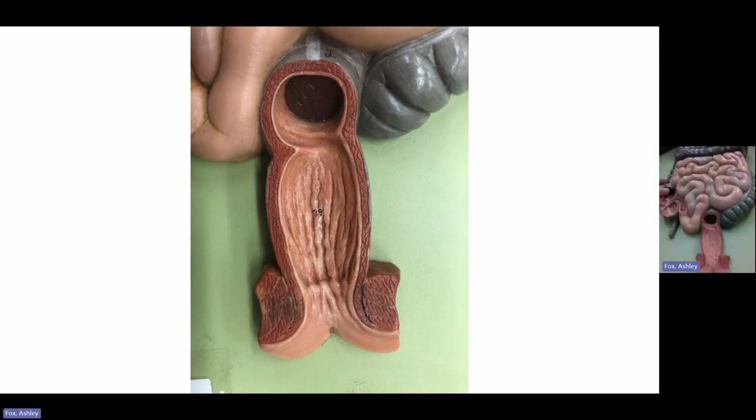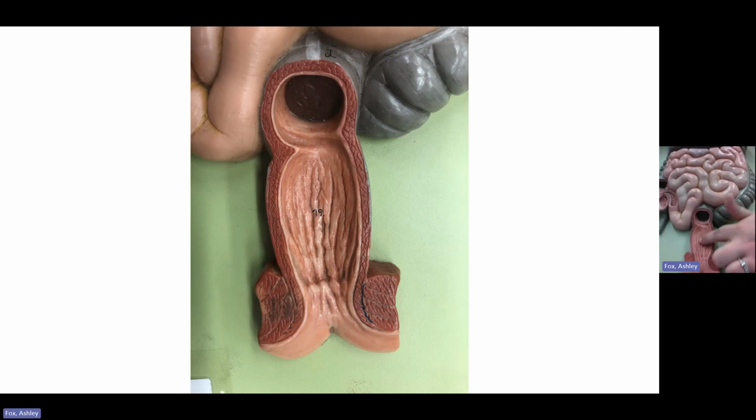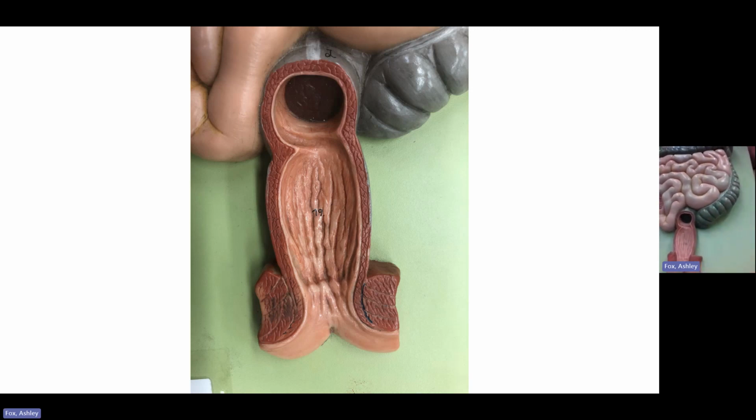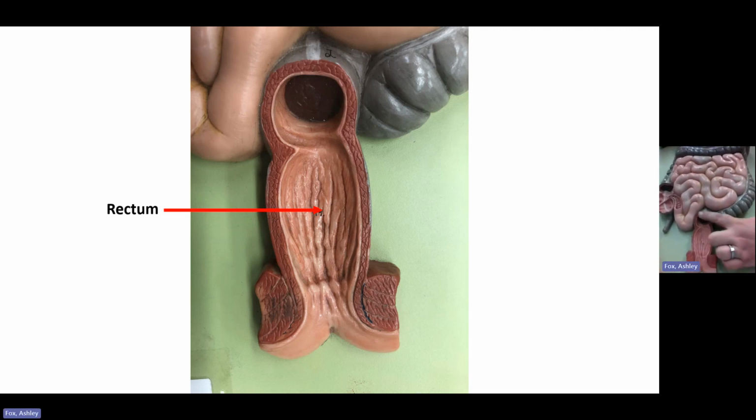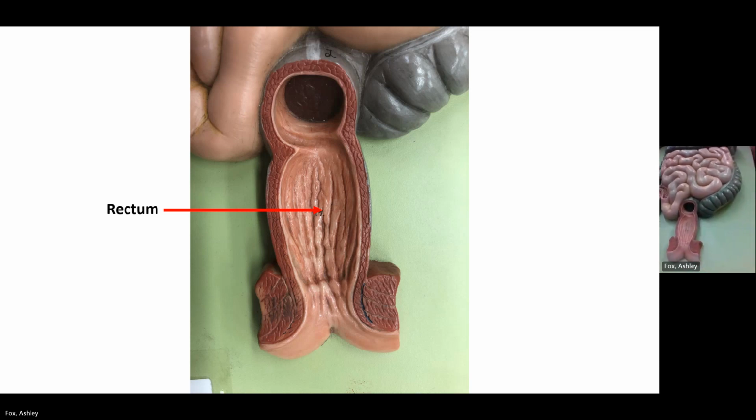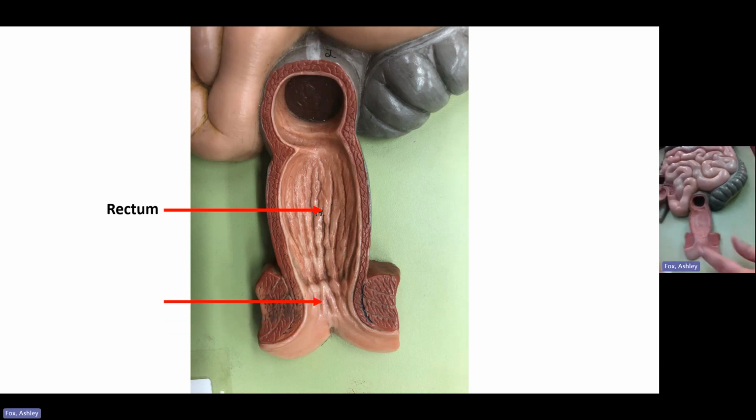Lastly, coming down to the exit. This section right here is your rectum. So sigmoid colon to the rectum. Then we're getting towards the exit, the anus.